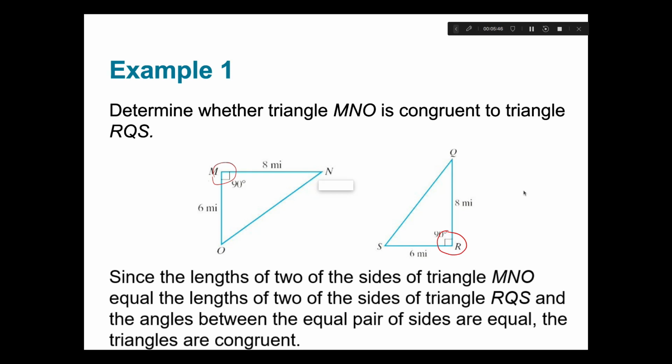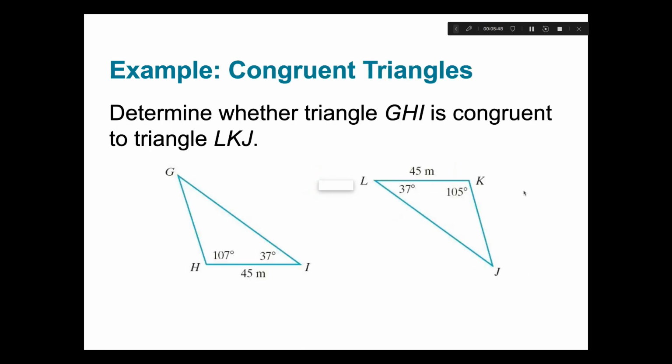It is pretty easy. This next one, I went across on our paper on the back this time. So are these congruent? Why not, Austin? 105 and 107. One has 105 and one has 107.